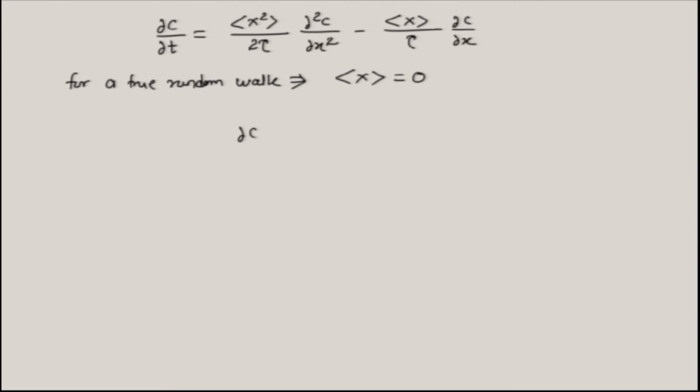And so, we get dou c by dou t equal to mean square displacement x square over 2 tau dou 2 c by dou x2.